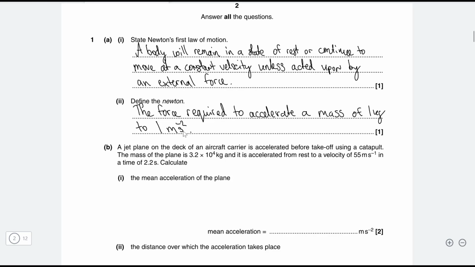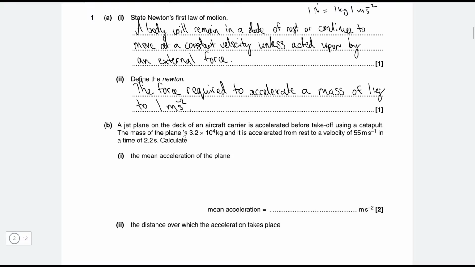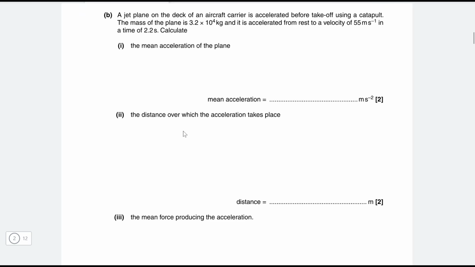Anytime I'm asked to define a unit, such as the Newton, just over here on the side I will write down an equation, for instance, F is equal to ma, and rearrange for, well, this is already rearranged for the force. We can see that 1 Newton is defined as whenever 1 kg is accelerated at 1 meter per second squared. Okay, part B, we have a jet plane on the deck of an aircraft carrier that is accelerated before takeoff using a catapult.